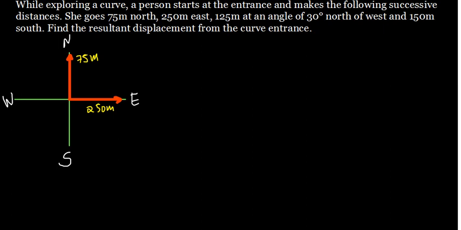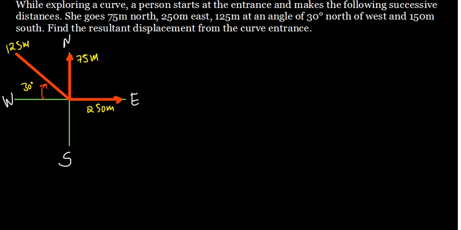North of west, it's here. This is where the other displacement is. And the angle that has been given, we're moving from the west towards the north like that. So that's the angle given, north of west. This one has got a magnitude of 125 meters, and that is 30 degrees north of west.